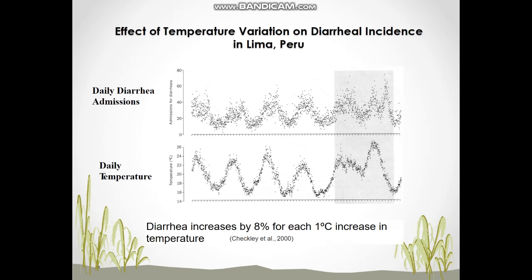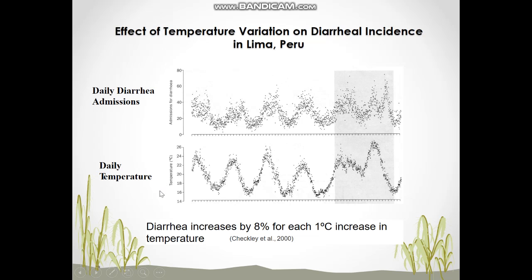This figure shows the association between daily temperature and daily diarrhea hospital admission in Lima, Peru. You can see in days with high temperature, there is a higher number of hospital admissions because of diarrhea. So here we have a higher number of admissions to the hospital, and here we have higher temperature. Also here we have another peak.